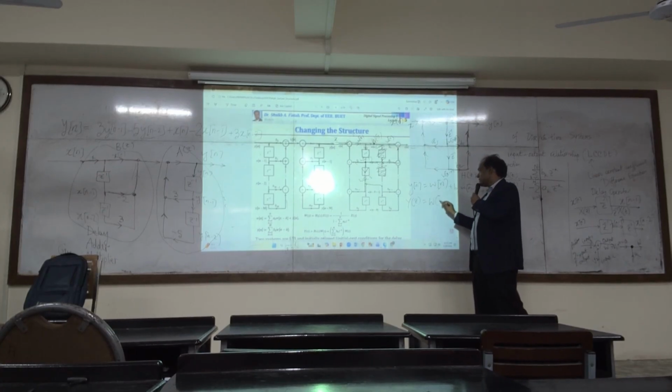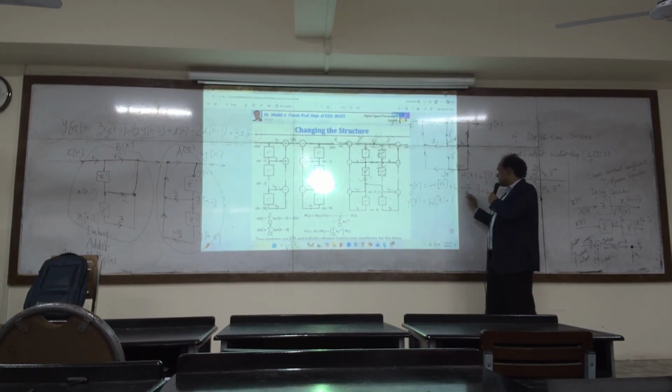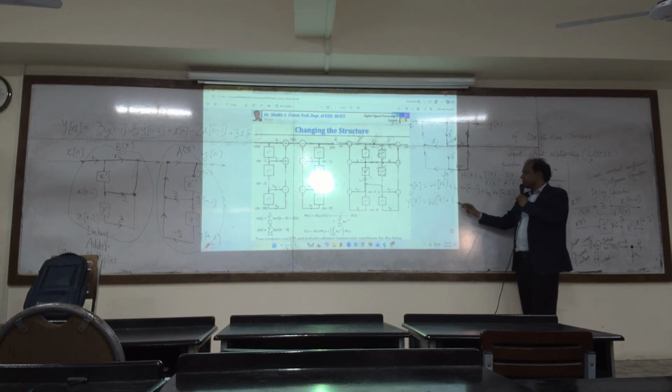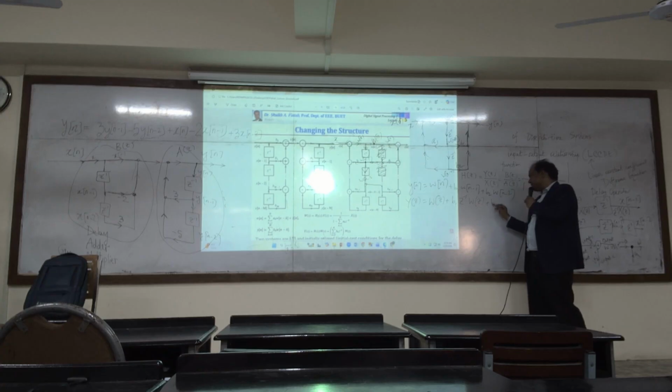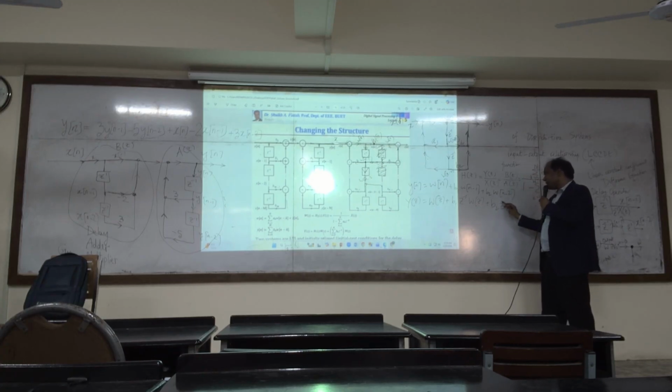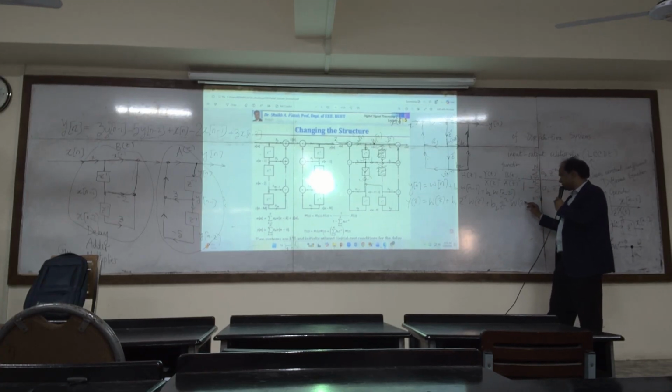Now if I do the Z transform, this will give me Wz. So Yz, Wz. What is the Z transform? V1, then Z inverse, because it is n minus 1, Wz plus V2 Z to the power minus 2 Wz.